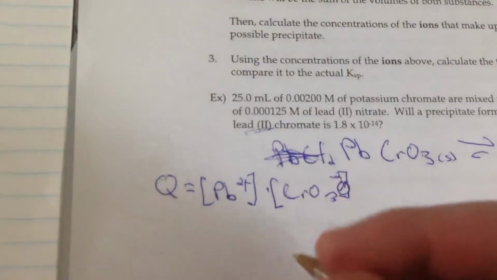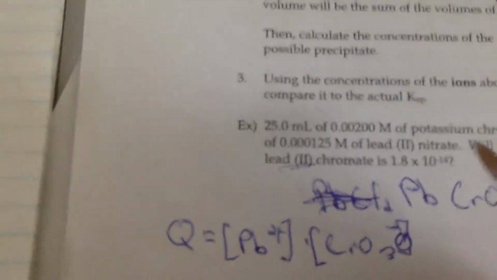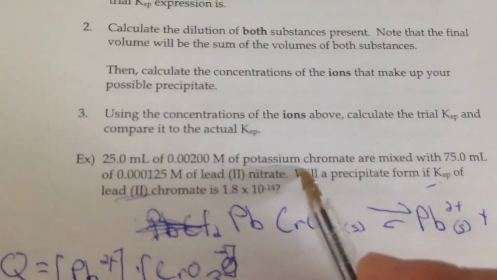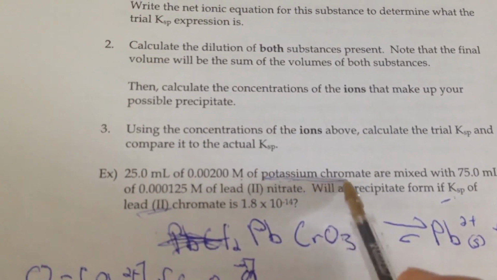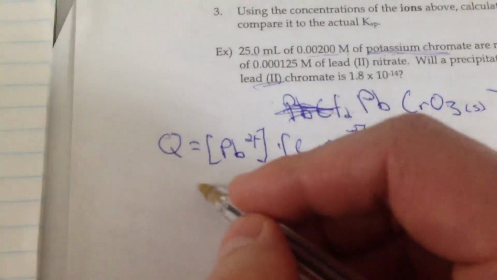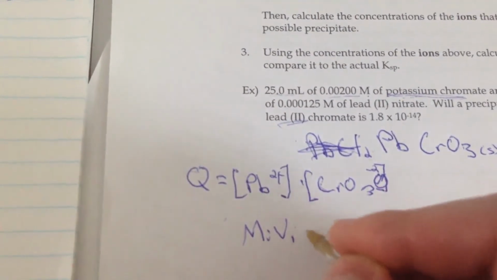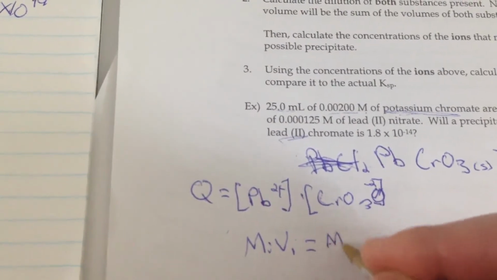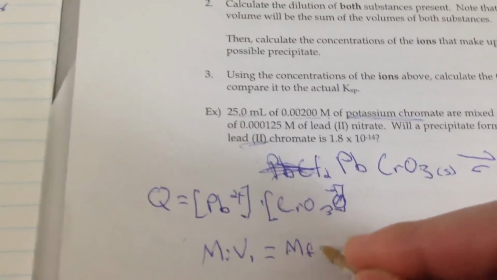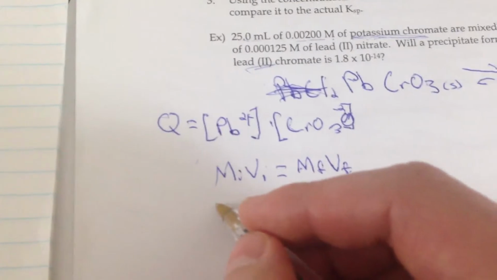First thing we're going to do is find the concentration of chromate. Up here we're given potassium chromate. We have a volume and we have a concentration, so we're going to use this formula again: the initial molarity times the initial volume equals the final molarity times the final volume.